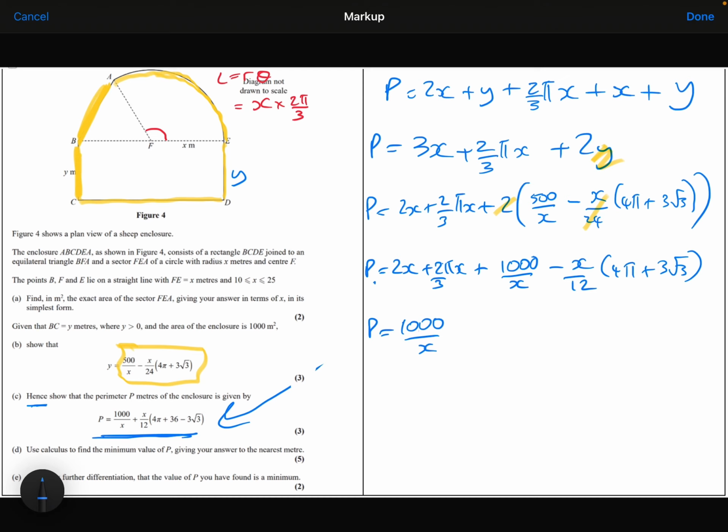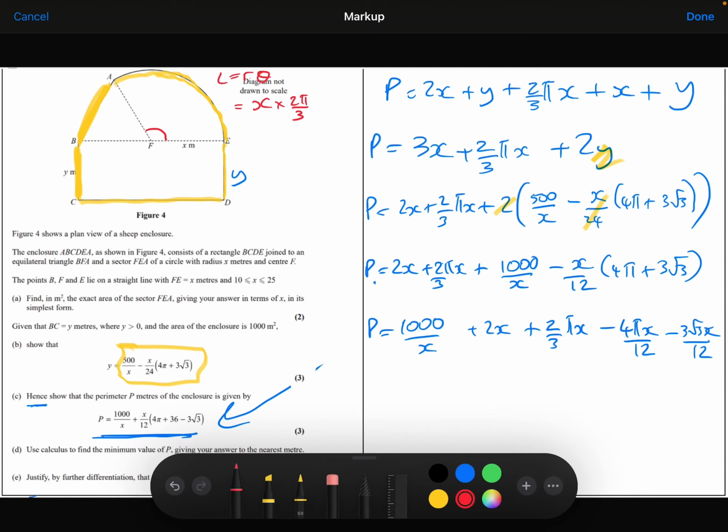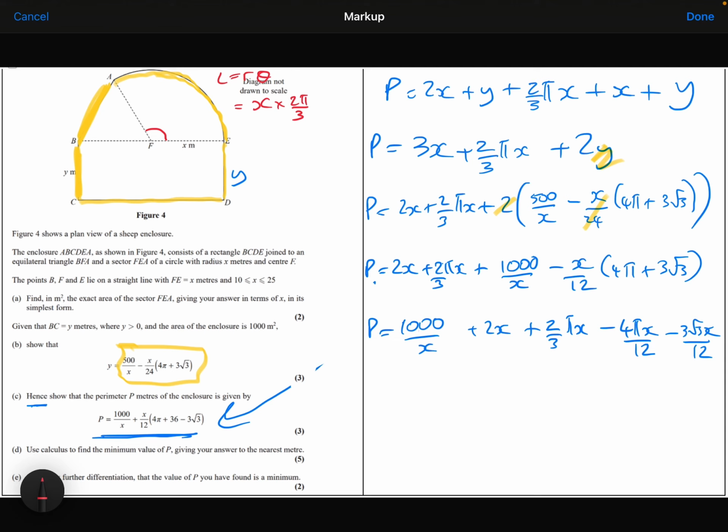And then I've got the 3x, the 2 over 3 pi x, I've got the minus 4 pi x over 12, and I've got the minus 3 root 3x over 12. Right, I want these terms to have a denominator of 12 so I can group them together.